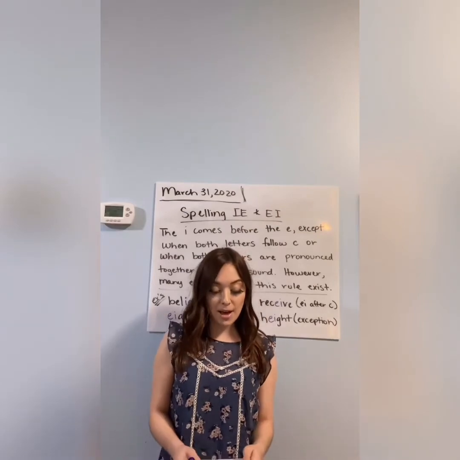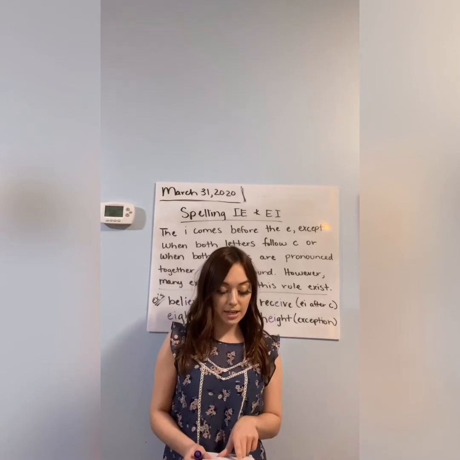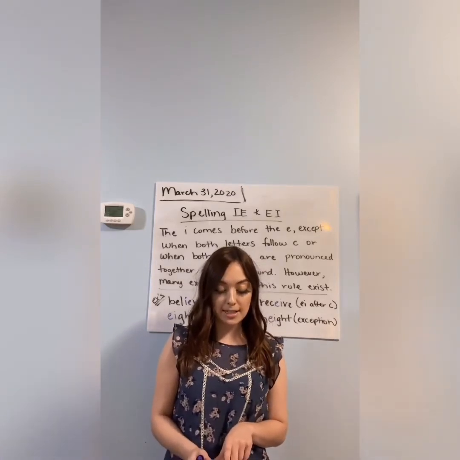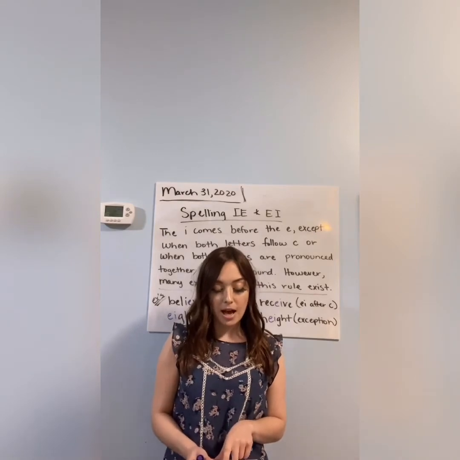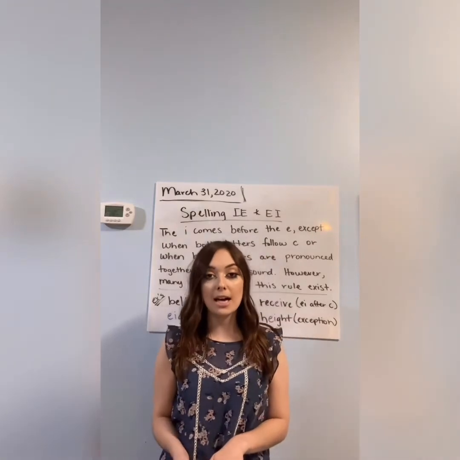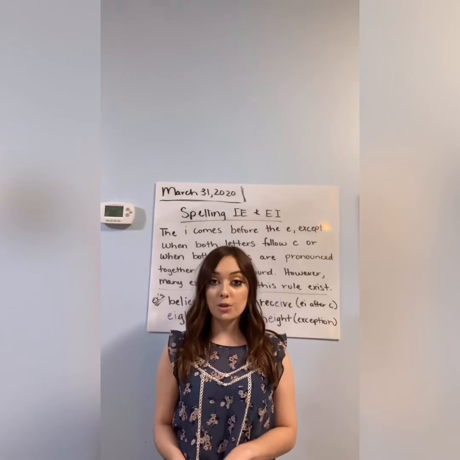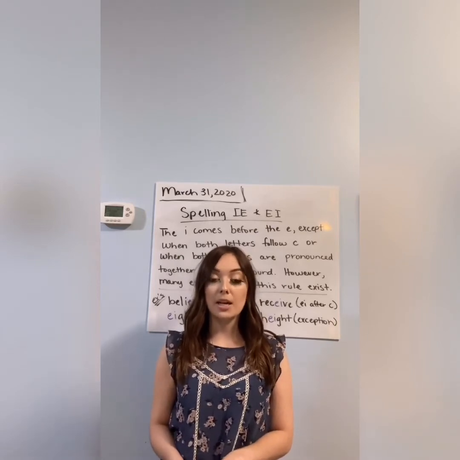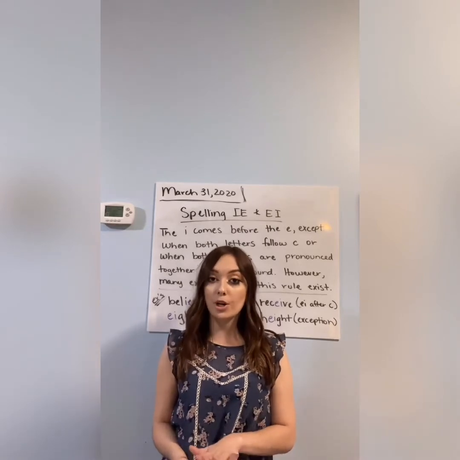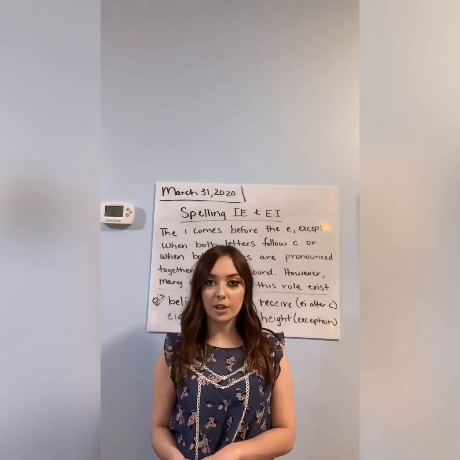Okay, so go ahead and get out your list 23 and also get out your grammar worksheet, lesson 93, which is on page 293 and 294. So I made a little adjustment to this week's classwork. I had originally put lesson 93 and 94 in your folder because I wanted you to do both lessons this week, but instead I'm just going to save lesson 94 for next week, and we're just going to work on lesson 93 this week because it has two parts, and I just wanted y'all to get a good grasp on it.